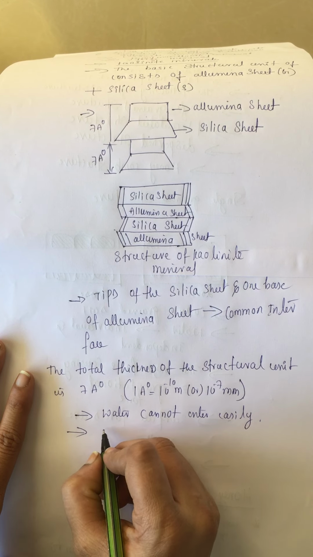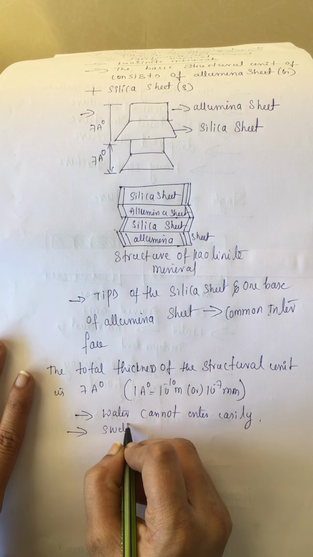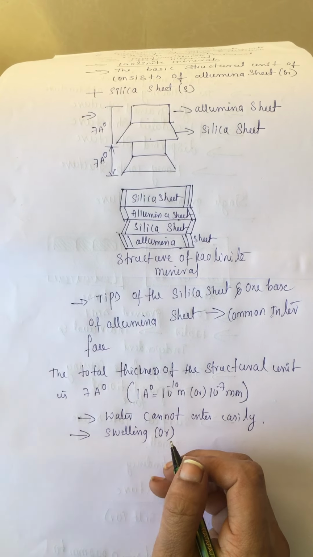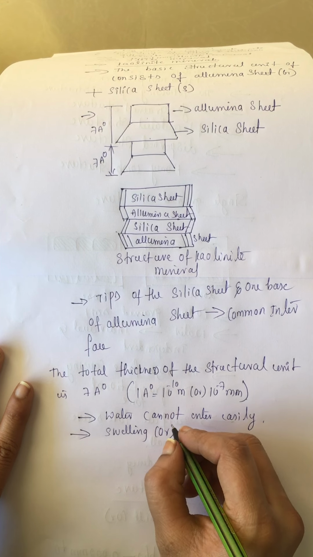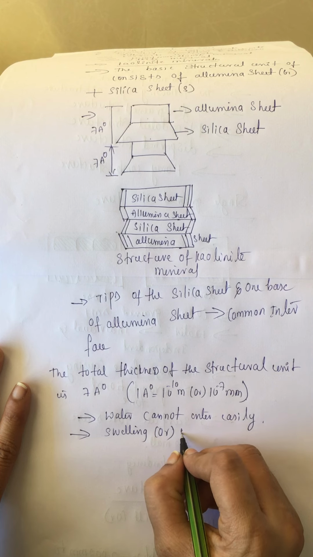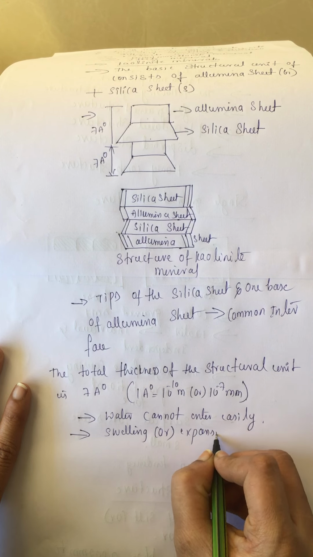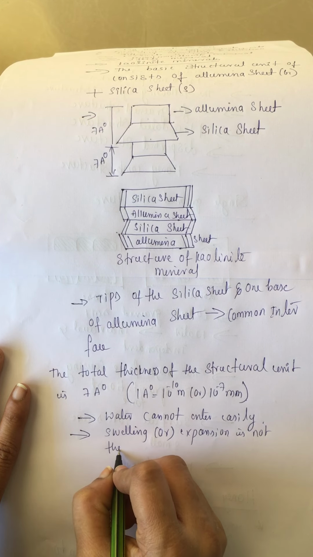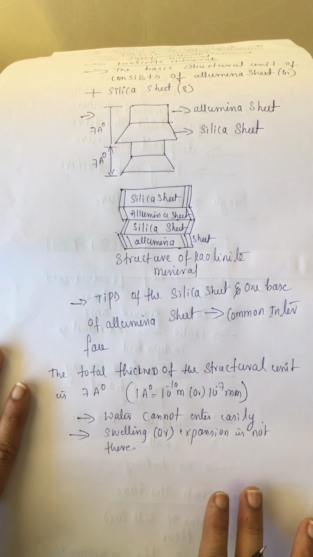That's why kaolinite minerals are considered very strong minerals in nature due to their characteristics. Swelling and expansion is not there in this kind of mineral.